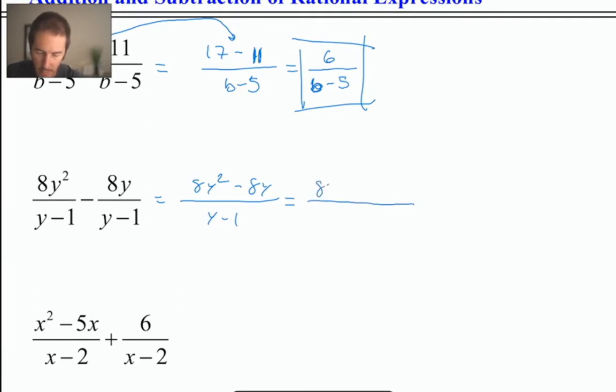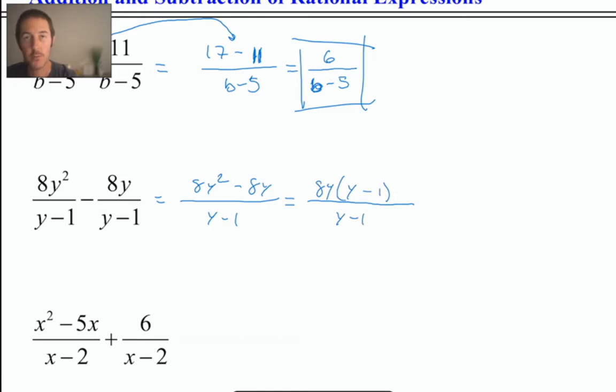If I factor out an 8y from my first term, the leftover is a y. I can confirm that by doing 8y times y and seeing that I get 8y squared again. And if I factor an 8y out of this negative 8y, I'm left with a negative 1. I can confirm that by doing 8y times negative 1 and seeing that I get negative 8y. All over my common denominator, which is still there, of y minus 1.